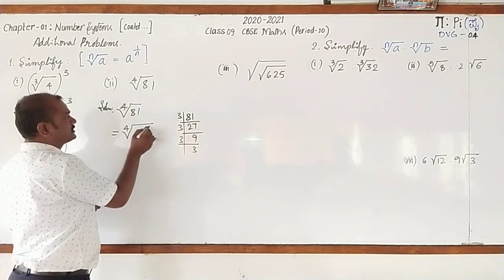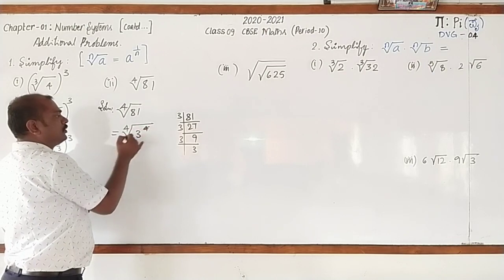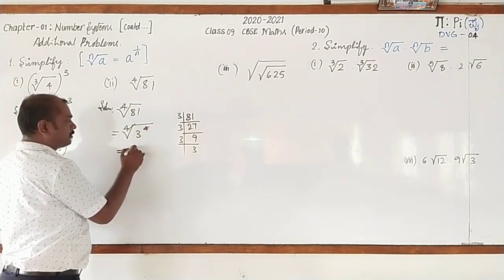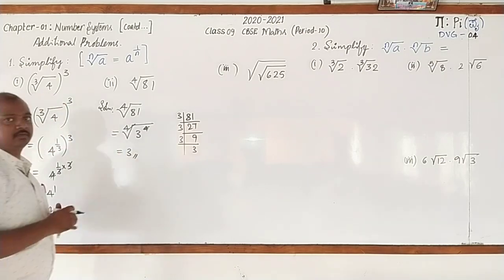Directly you can go for cancelling it. The 4th root as well as the power 4 cancel. It will be 3 raised to the power 1, which is nothing but 3.